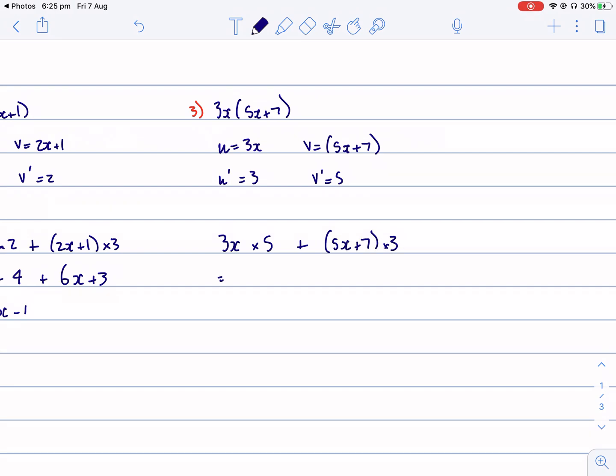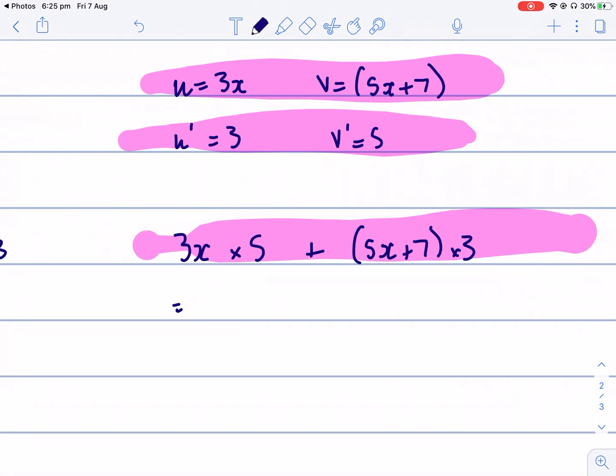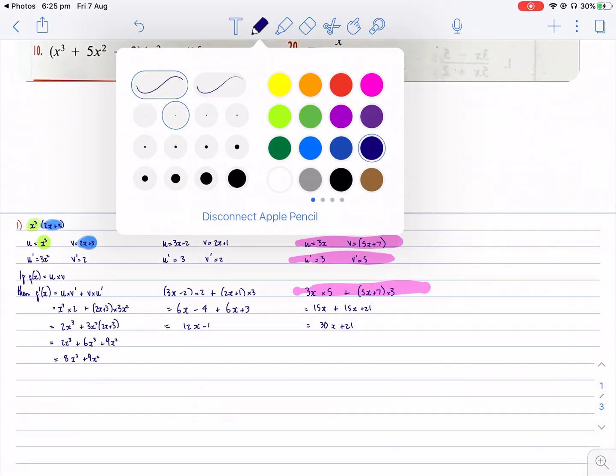If you really set yourself up by doing these lines every time and doing it the same every time and writing it out properly each time, you'll really get into a good habit where this will become automatic and you won't have to stress when you're doing these questions. 15x plus 15x plus 21, 30x plus 21.